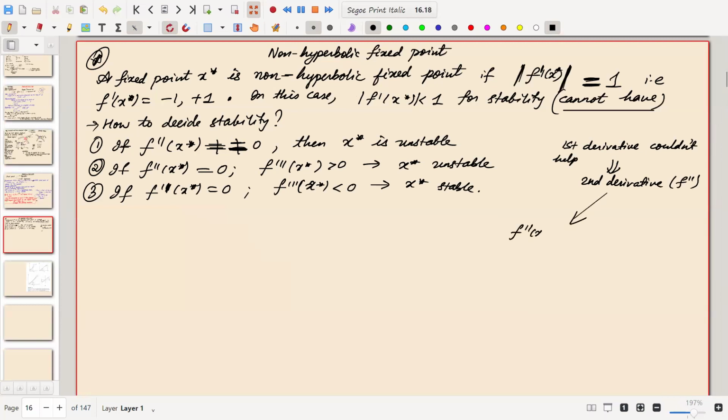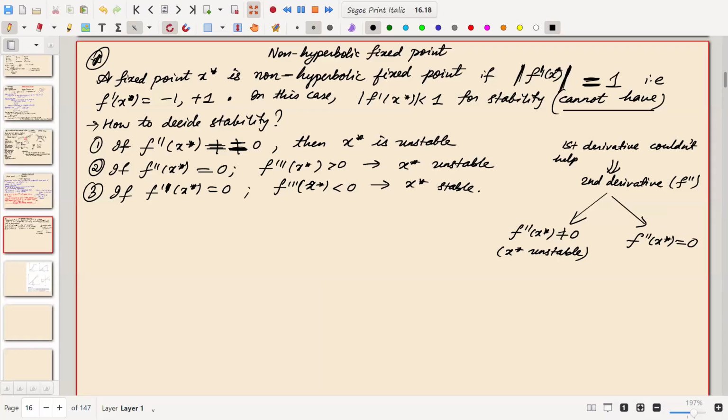If f double prime at x star is not equal to 0, straightforwardly you can say x star is unstable. No further test. Now suppose the other case happens, that f double prime at x star is equal to 0. Then again the double derivative could not help you, because the slope is equal to 0, parallel to the x-axis kind of thing.